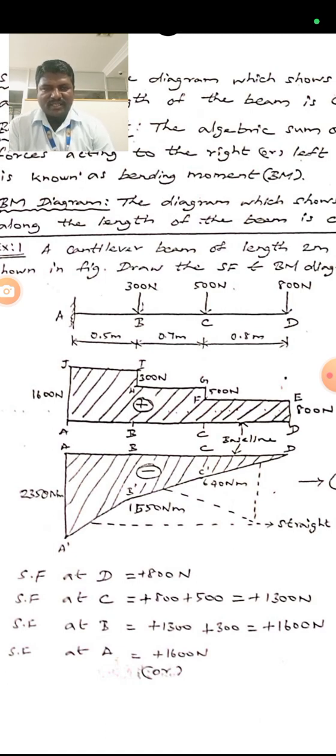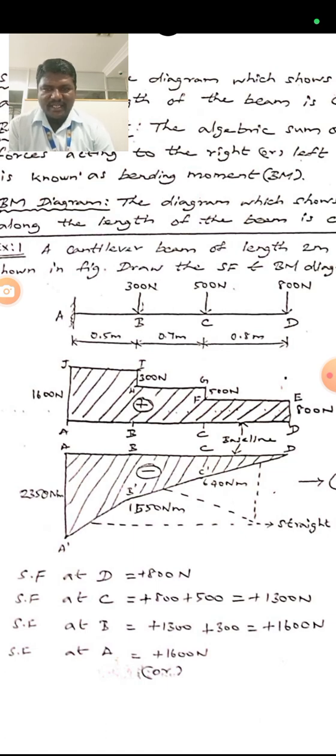Going to the next one, point B. The shear force at B without the point load is 800 plus 500, 1300 Newton, and with the point load, the additional downward force is positive, so 1300 plus 300 is 1600 Newton.